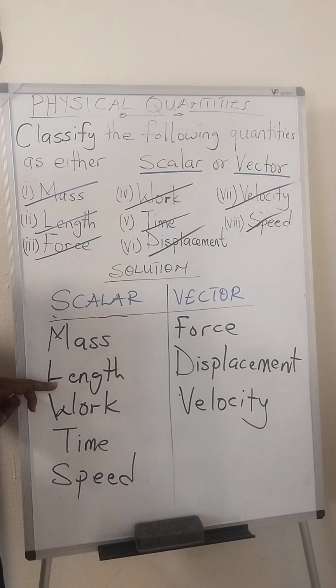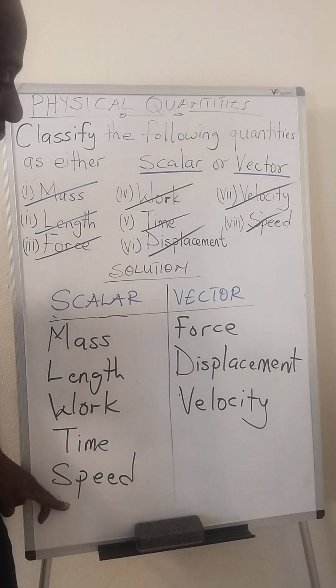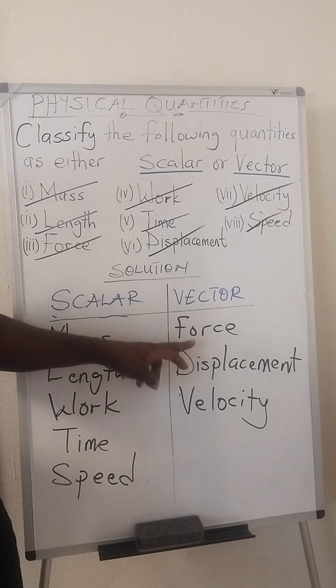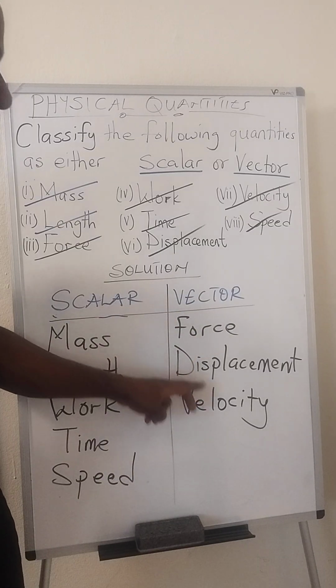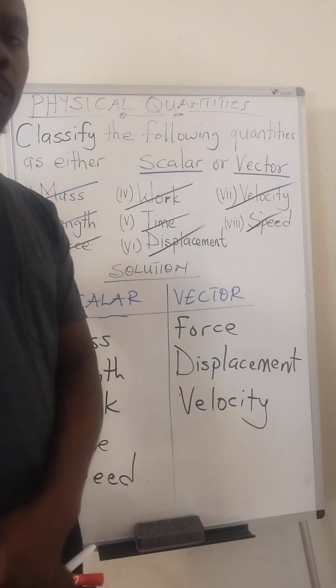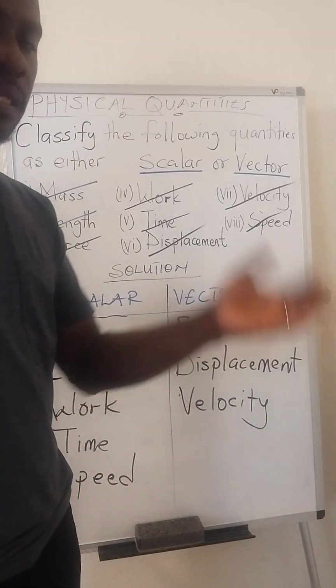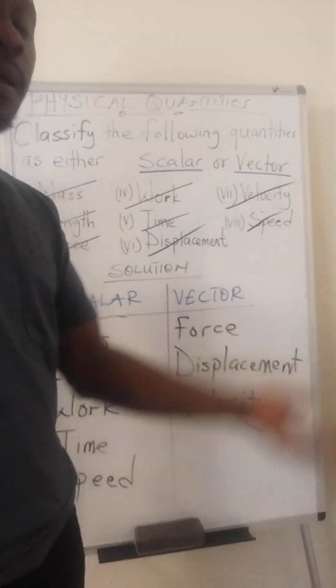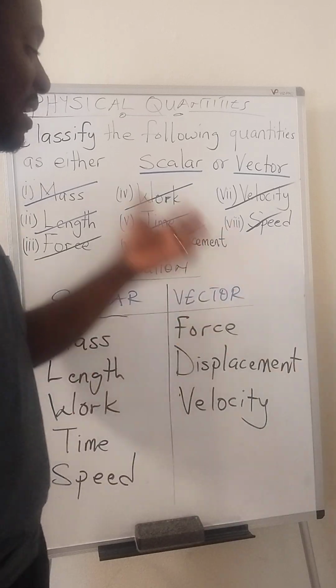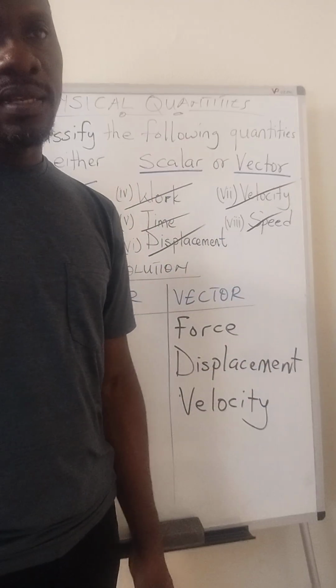And then the vector quantities are force, displacement, and velocity. I hope you've understood it now. You now know the difference between a scalar and a vector quantity by definition, and some examples of a scalar and a vector quantity.